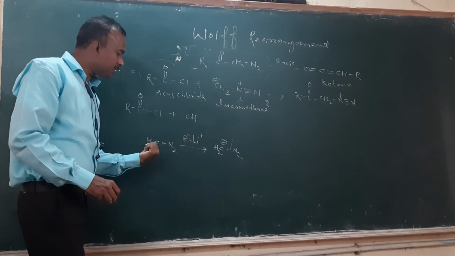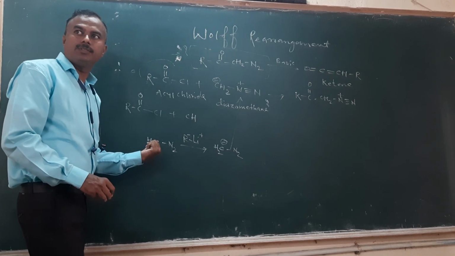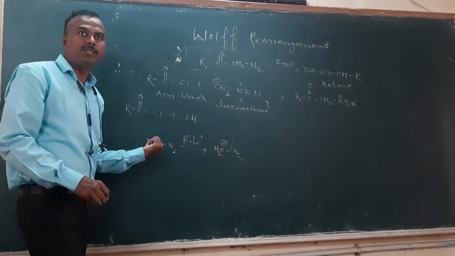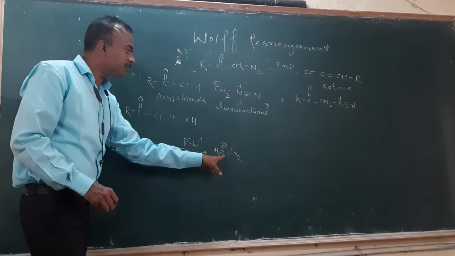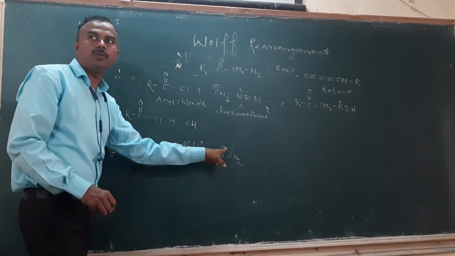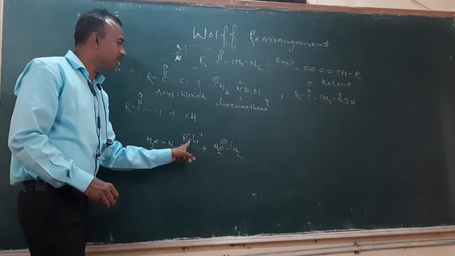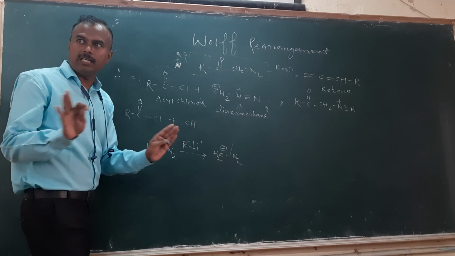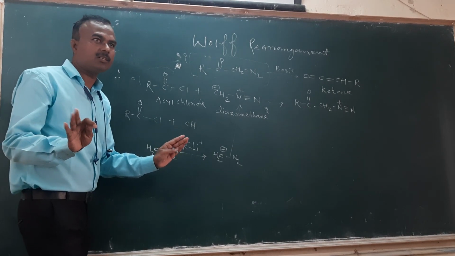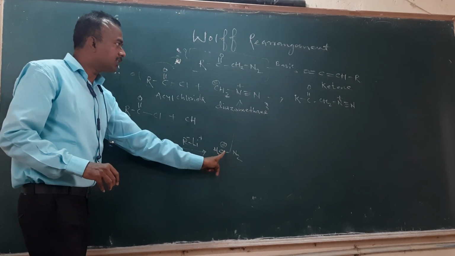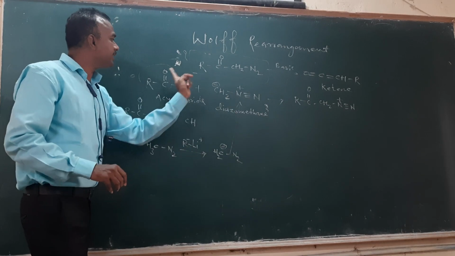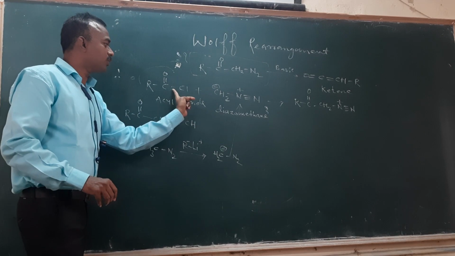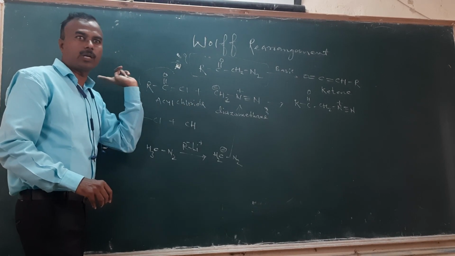It will abstract a proton from the methyl group, so it becomes CH2 negative, and the other becomes an alkane and lithium positive. Is it clear? So this base you have to add to an acyl chloride.